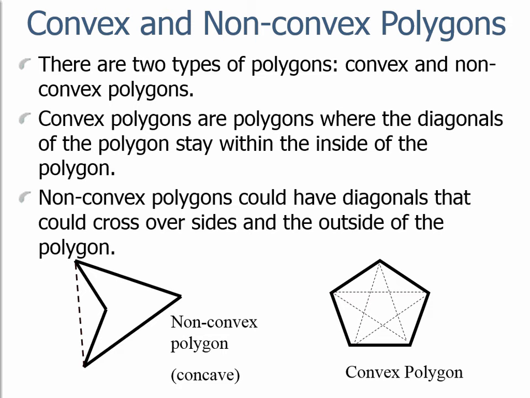Right, so convex, and I even have examples at the bottom. Convex polygons are polygons where the diagonals of the polygon stay within the inside of the polygon. So I came up with a pentagon, 5 sides, and I drew all my diagonals.